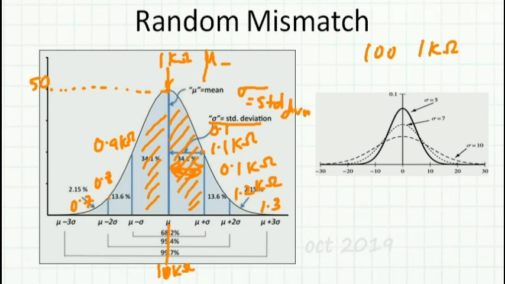Now if the standard deviation is higher, that means more and more samples have higher differences, and the height of this curve reduces and the spread increases. So the sigma value should be as low as possible for the mismatches to be minimal and to get higher accuracy of resistors. This kind of mismatch is called random mismatch, and this is a Gaussian distribution, what you are seeing here.